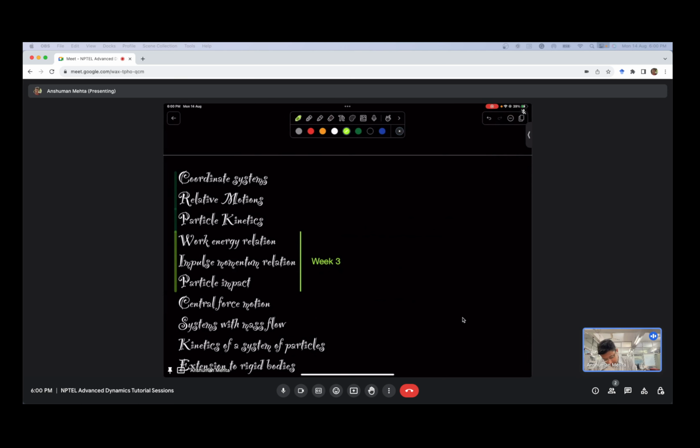We have done these two under the name of transport theorem.